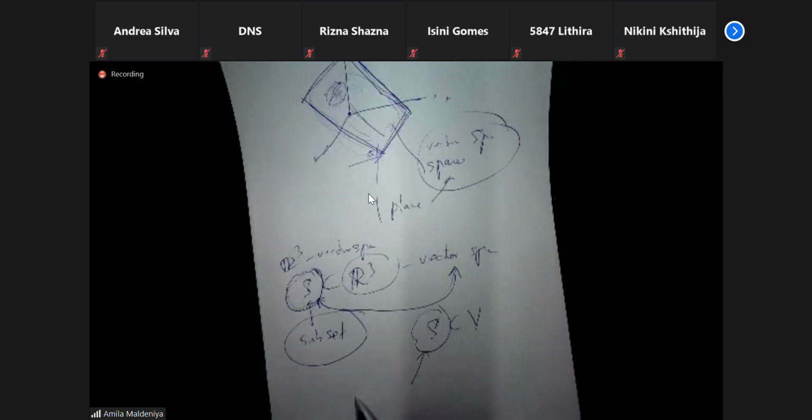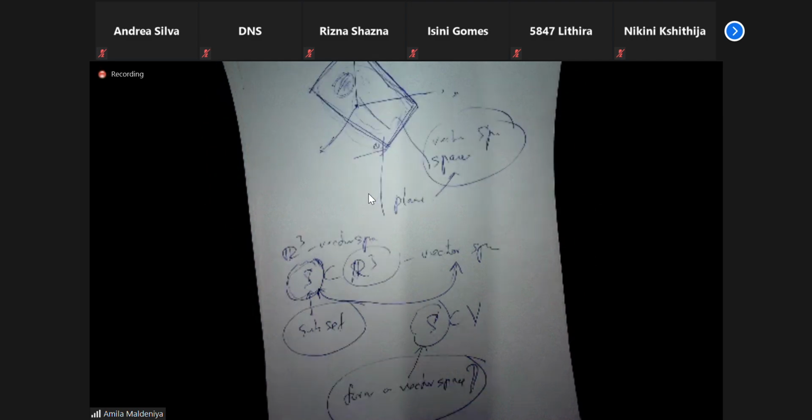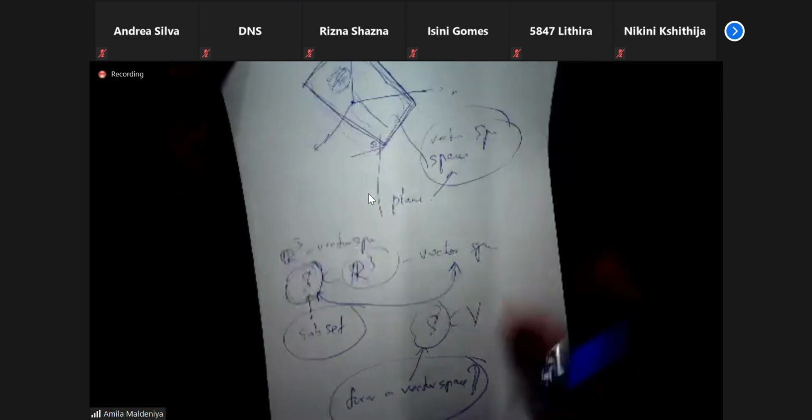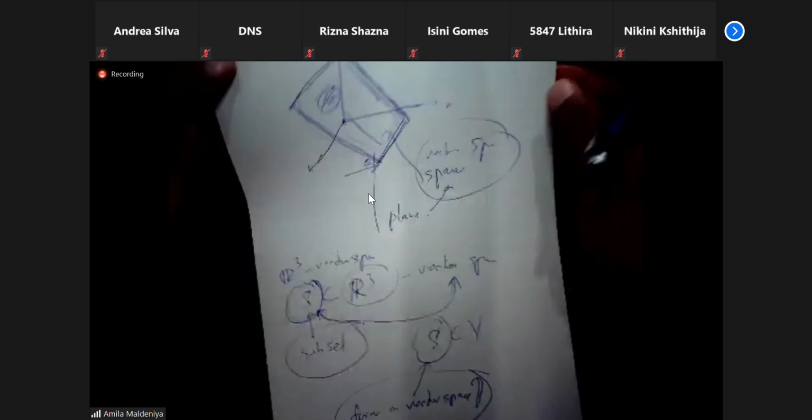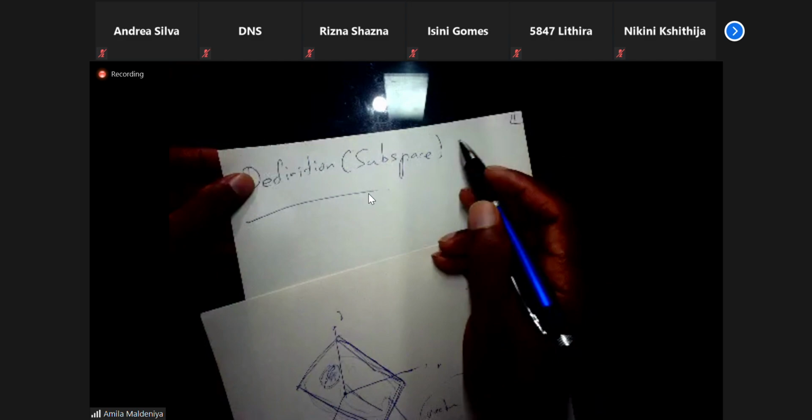All subsets may not work as a vector space. Some subsets may work as a vector space. Those are the things we're going to look at next. That's called the subspace: vector space, subspace.